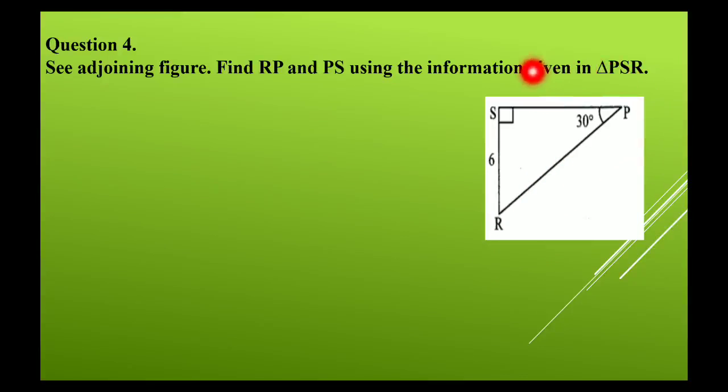In triangle PSR, we can see angle S is 90 degrees and angle P is 30 degrees. Therefore the remaining angle R will be 60 degrees. Therefore this triangle will become a 30, 60, 90 triangle. According to the 30, 60, 90 triangle theorem, we can easily find the values of RP and PS. Let us solve.